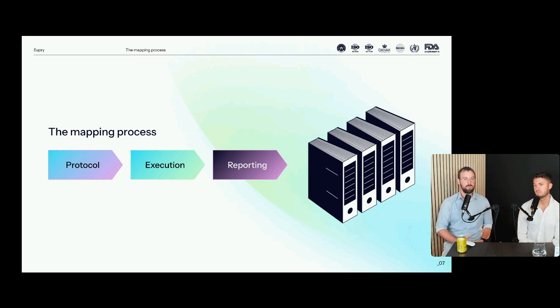And lastly, you have the reporting phase, in which you gather and analyze the data. You analyze whether your facilities and the data you have correspond to conformant storage conditions. So basically, it's the conclusion of your mapping studies. That's also where you define the requirements for continuous monitoring.